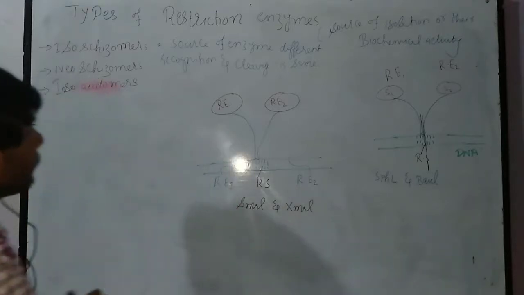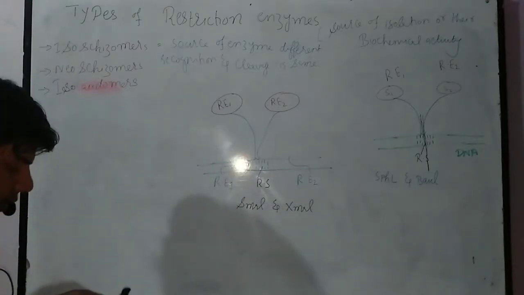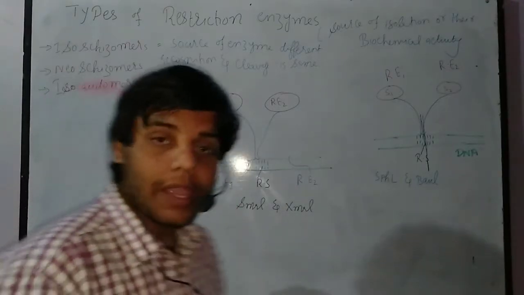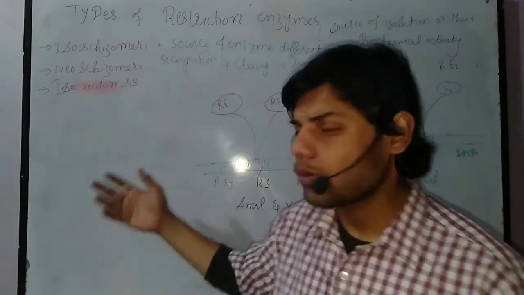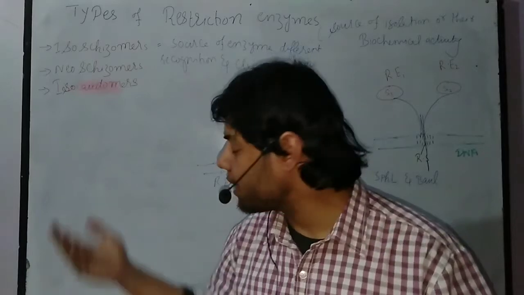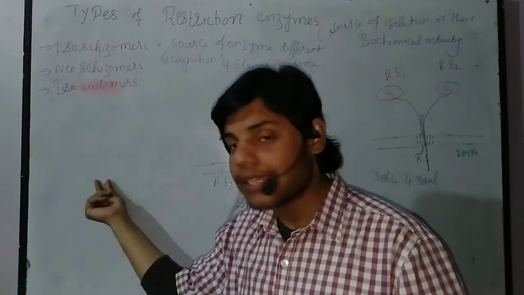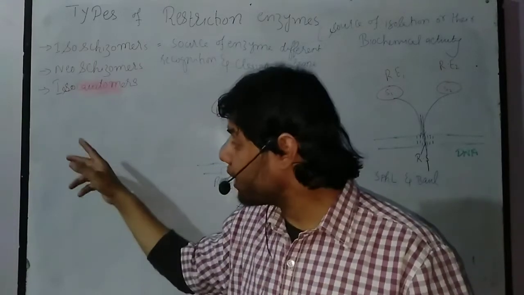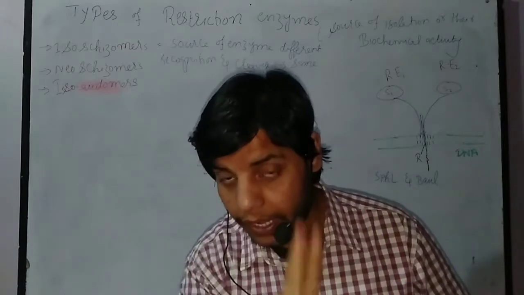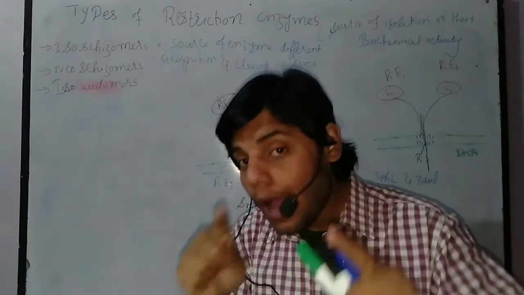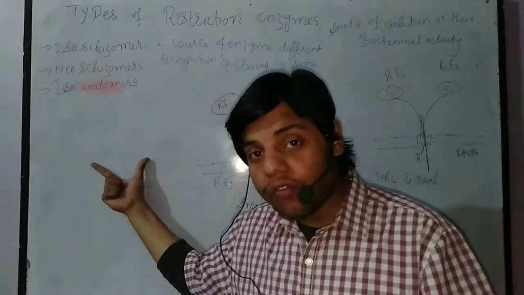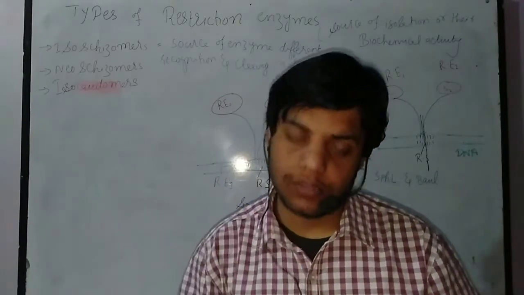Okay, third we have the Isocaudomers. So in this case again we have two sources of restriction enzyme, isolated from different bacterial cells, and they have the same cleavage point. Remember, they have the same cleavage point, try to understand the concept, but they have different recognition sites.